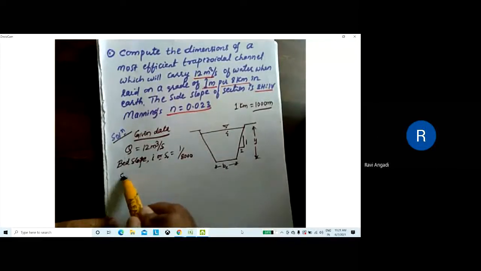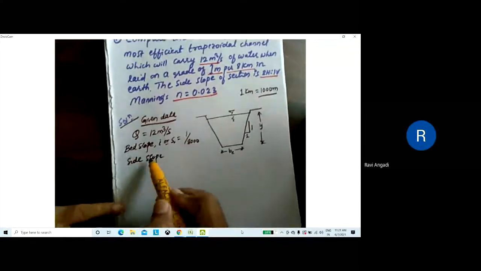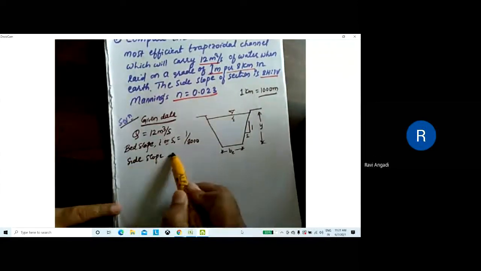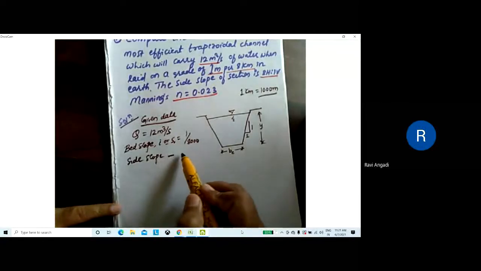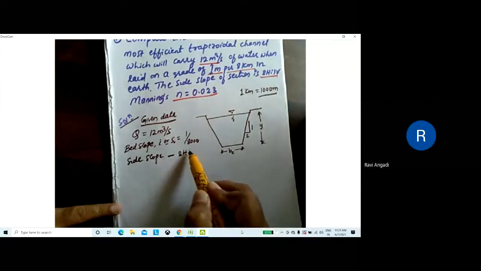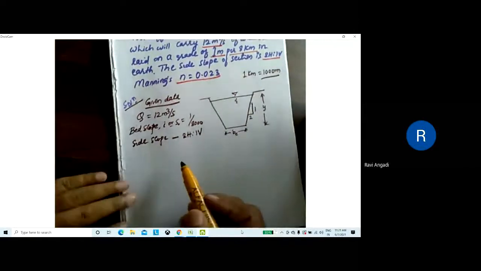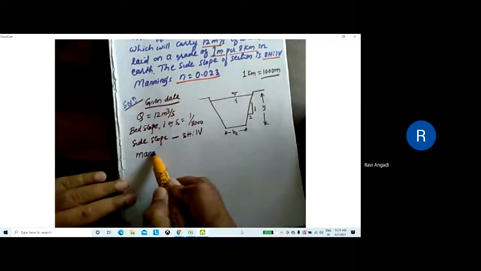Then what is the side slope given? Side slope is different. Bed slope is different. Side slope is for the channel section. Side slope, tell me. 2 horizontal to 1 vertical. And what else is given? Manning's constant is given.